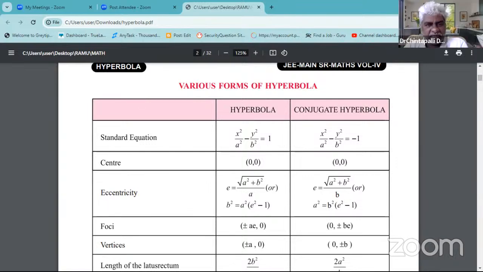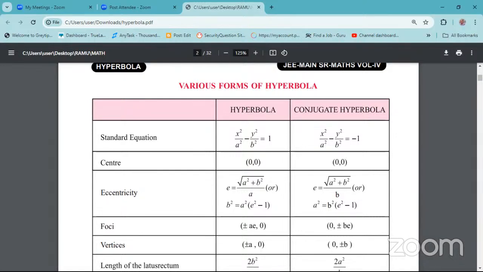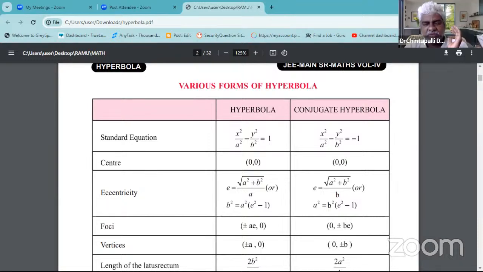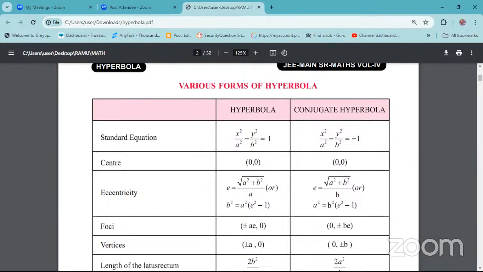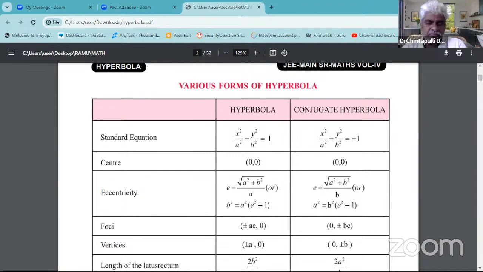On the other hand, the general standard equation for ellipse is x square by a square plus y square by b square equals 1. That's good.